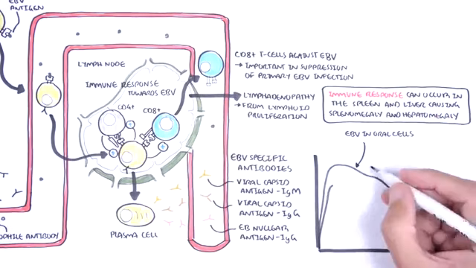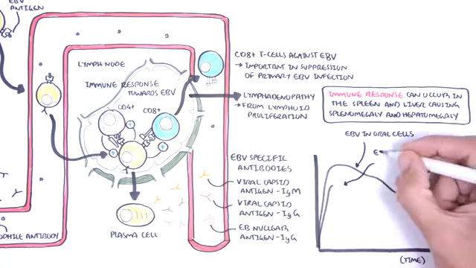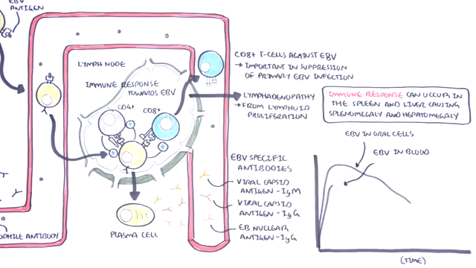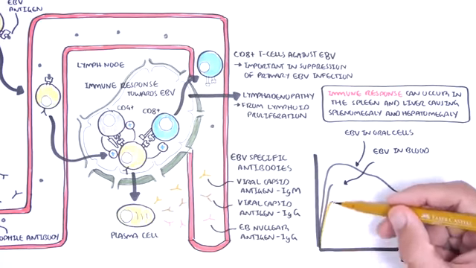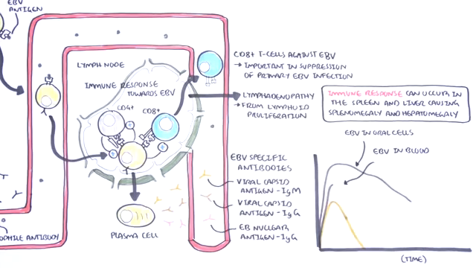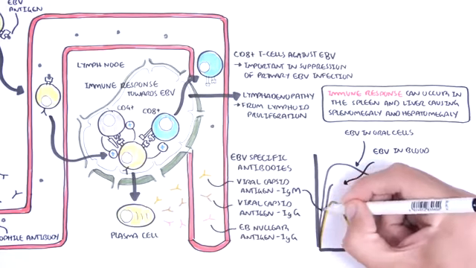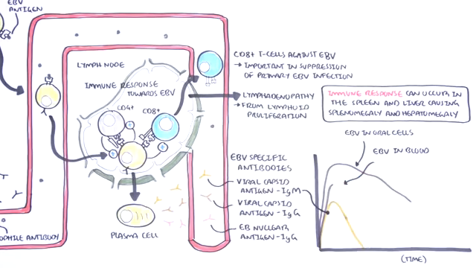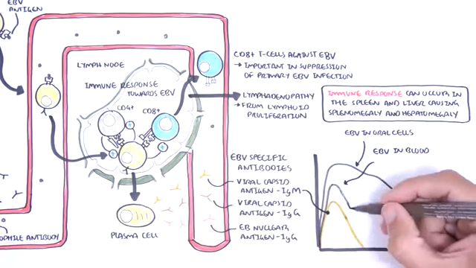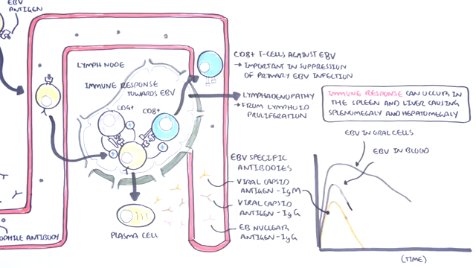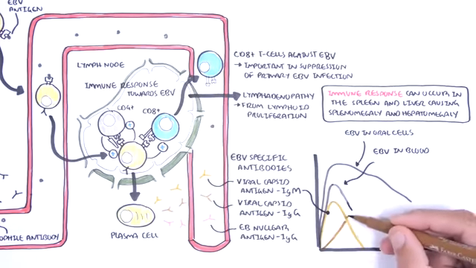Epstein-Barr virus can then enter circulation, displayed like so. The first antibody produced is viral capsid antigen IgM. Here is IgM coming up. IgM is a marker of a current Epstein-Barr virus infection. And now this is followed by the viral capsid antigen IgG.